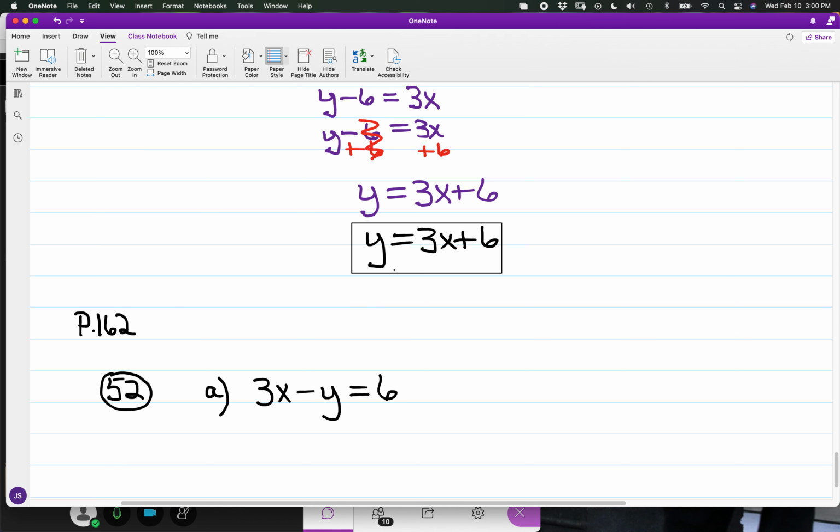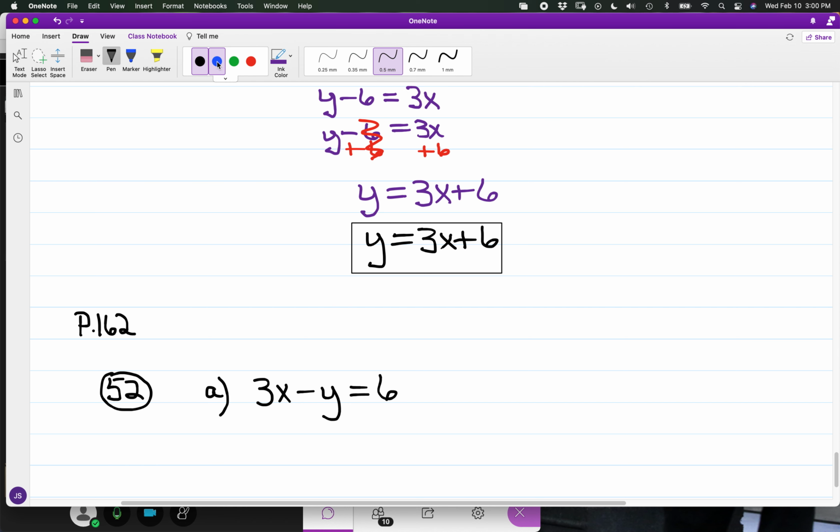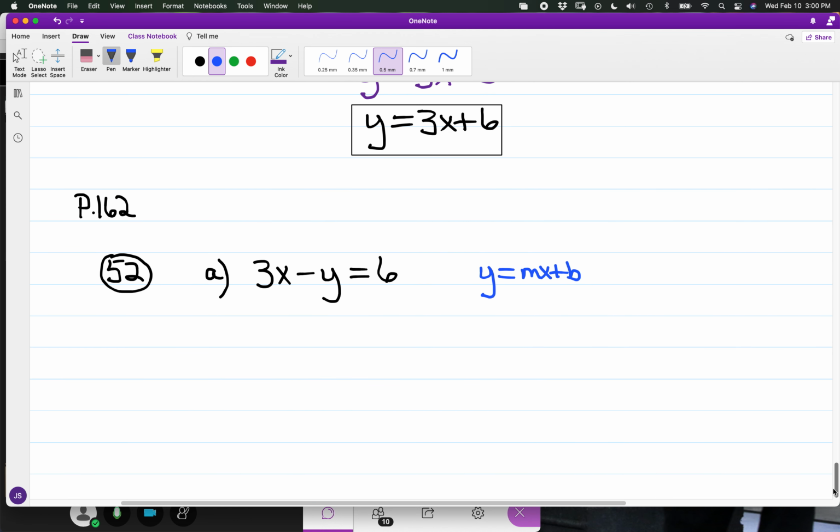The object is to translate this in terms of y equals mx plus b. So again, we want the slope-intercept form. Now for 3x minus y is equal to 6, if I get the y term by itself, I can take 3x away from both sides.